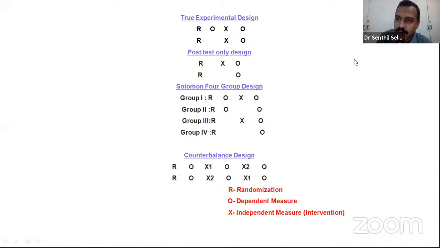Here we are giving X1 first and X2 next, and the second one, X2, we are giving it first and X1 the next one. So here we can understand which modality, if we give the first, will be beneficial, and which we are giving the next one is the beneficial. So according to this, we can do a study, whether to give a shortwave first or to give an IFT first. So this type of research is called as the counterbalance design.